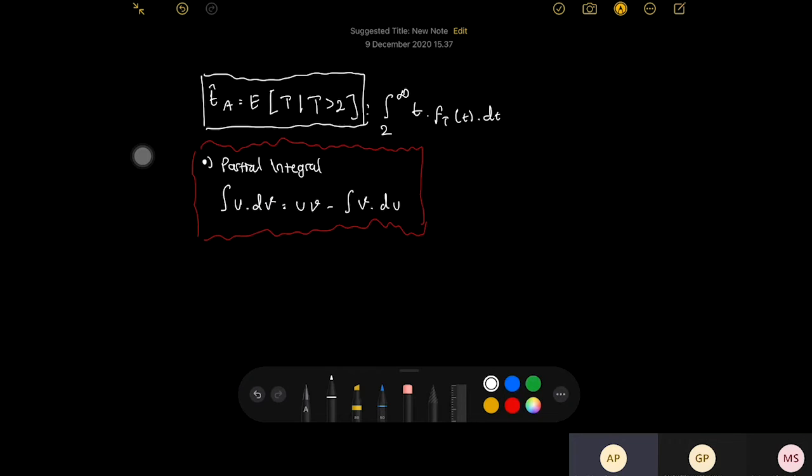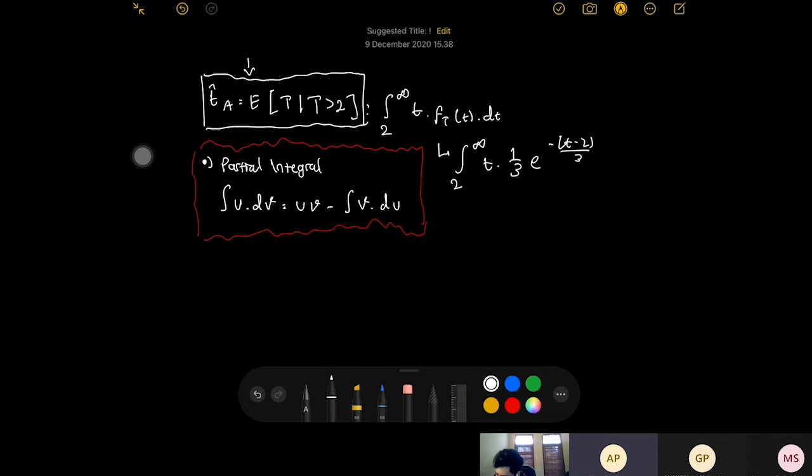Previously we obtained this t_A formula, and it can be written in integral form as the integral from 2 to infinity of t times the function dt, or this can also be written as the integral from 2 to infinity of t times the exponential of minus (t minus 2) divided by 3 dt.